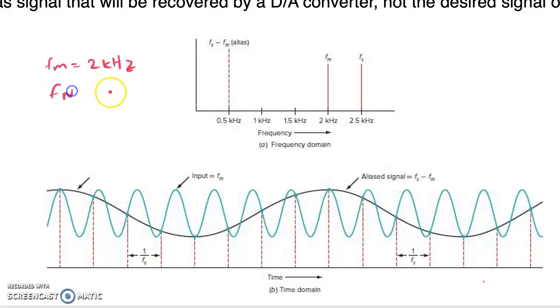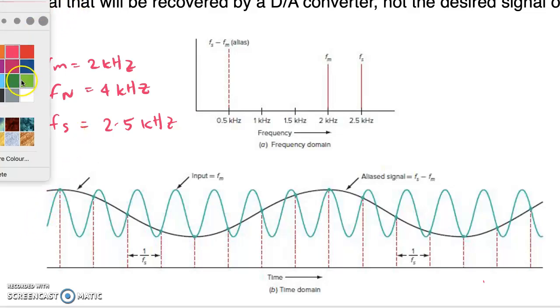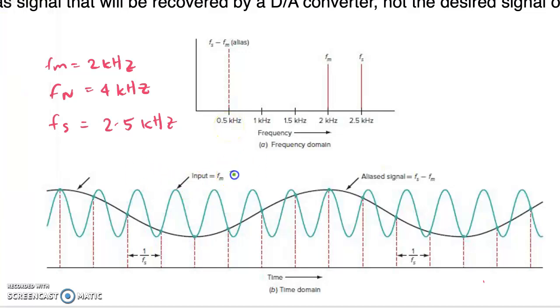The Fn should be 4 kilohertz, but in this case, the sampling rate is given as 2.5 kilohertz, which is less than the Nyquist sampling needed. Okay, so FM is represented by this green or turquoise line. This is our FM, and we are assuming this is going to be our 2 kilohertz.